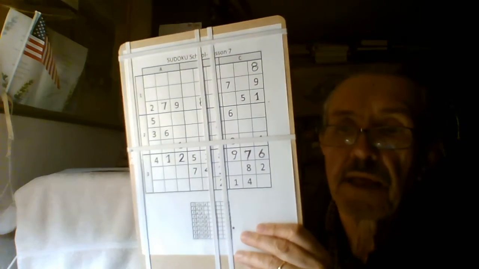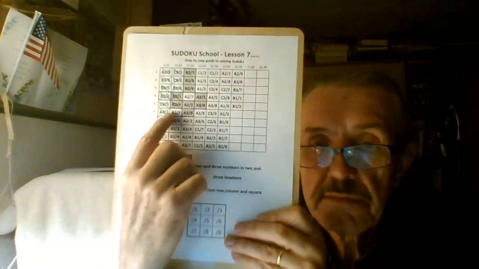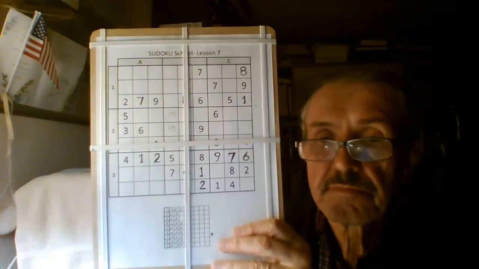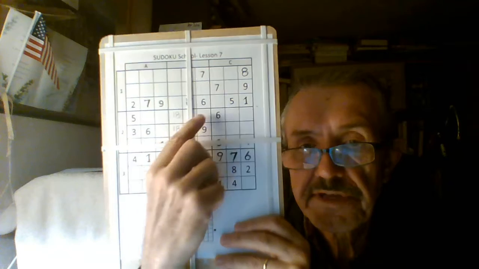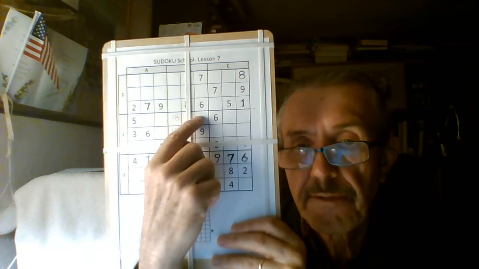Next step, square B2 location 3. Square B2 is over there, location 3 is over there, and this will be a location for number 4.